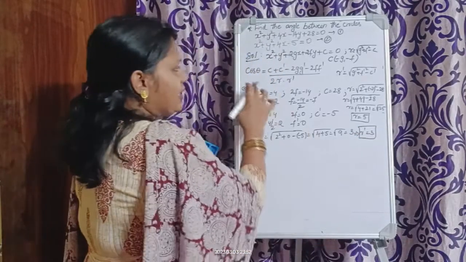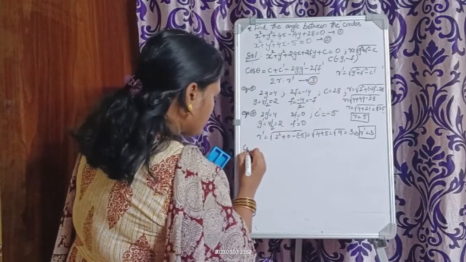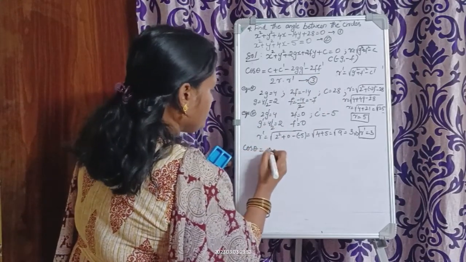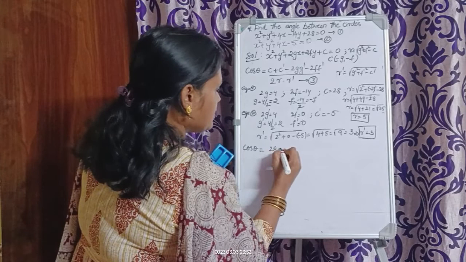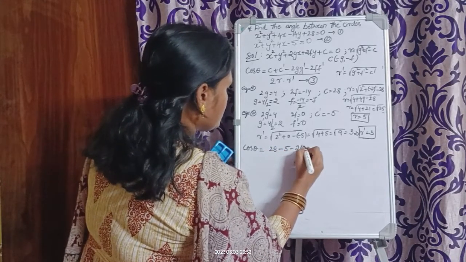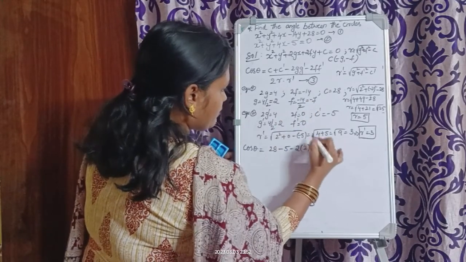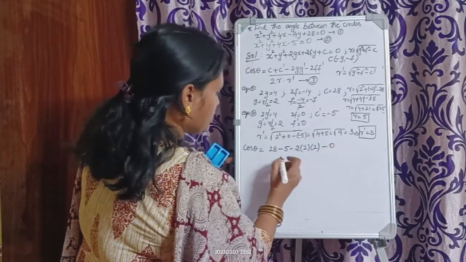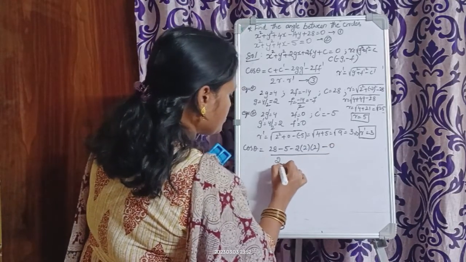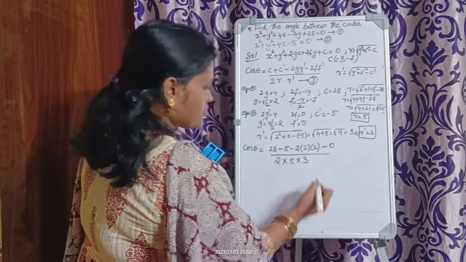Substituting these values in equation 3, we get cos theta is equal to c is 28, c dash is minus 5, minus 2 into g is 2, g dash is also 2, minus f dash is 0, so this will become 0, by 2 into r is 5, r dash is 3.